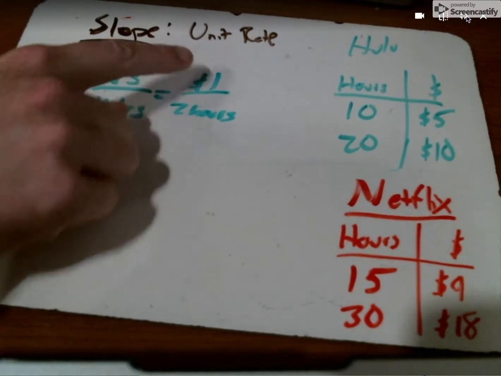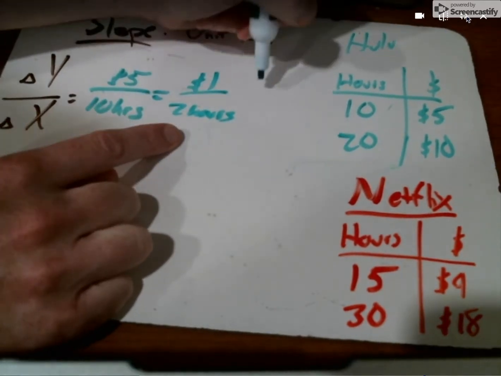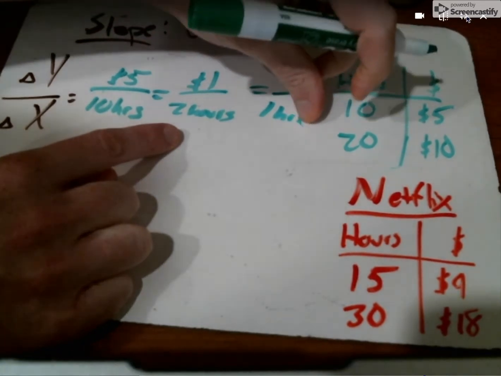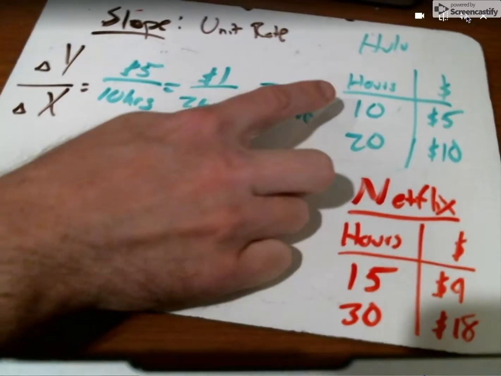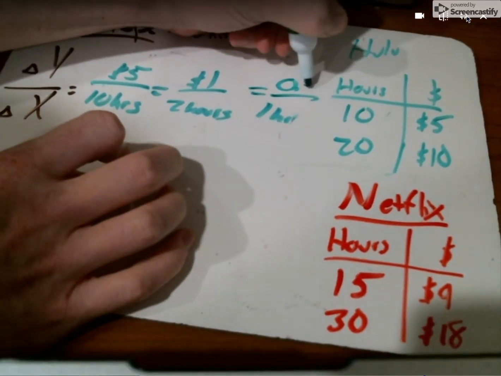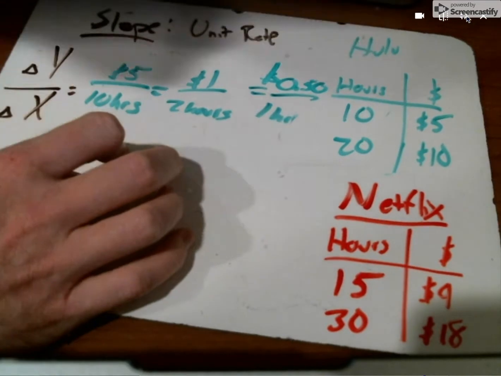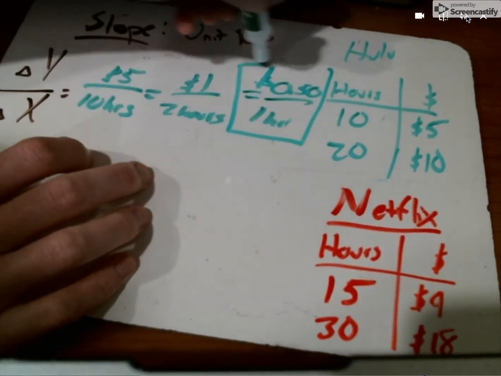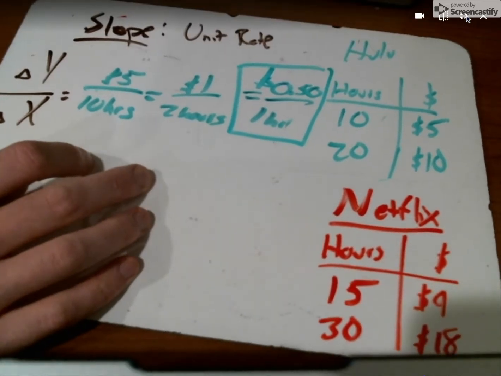We could simplify that even further down to a unit rate. How much would that be every 1 hour? And every 1 hour, 1 divided by 2 is a half, or in this case, 0.5 or 50 cents for every 1 hour. So for Hulu, we're at 50 cents for every 1 hour.